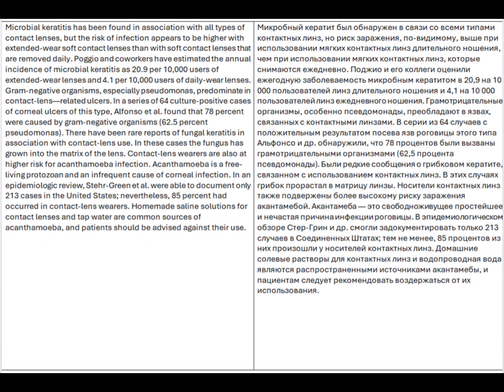Microbial keratitis has been found in association with all types of contact lenses, but the risk of infection appears to be higher with extended wear soft contact lenses than with soft contact lenses that are removed daily. Poggio and co-workers have estimated the annual incidence of microbial keratitis as 20.9 per 10,000 users of extended wear lenses and 4.1 per 10,000 users of daily wear lenses.